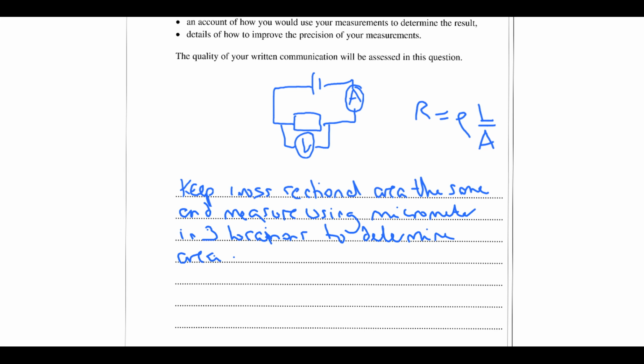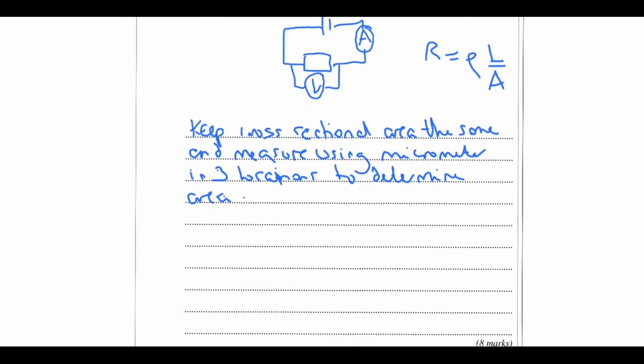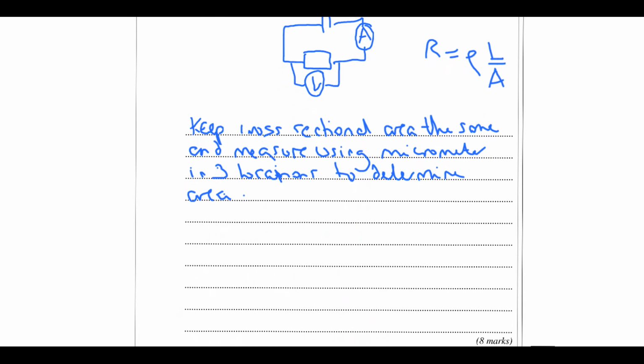The general idea is that I've got a cylinder of conducting putty with consistent cross-section area, and I'm going to make connections at different lengths. Very much like the practical on resistivity. We're going to use a length of 5 centimeters.